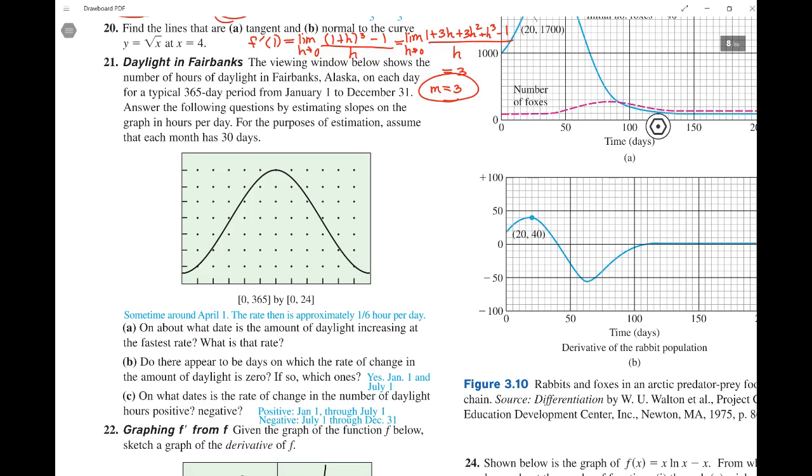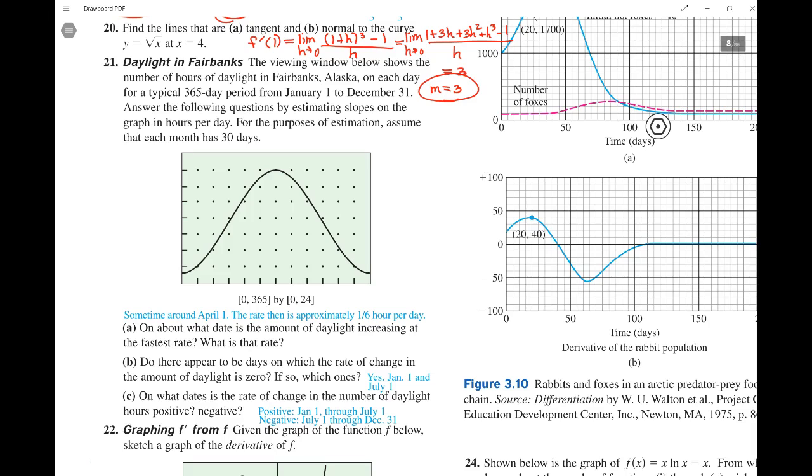Each of those little spaces is a month. They came up with 16 hours per day. Again, this is an approximation, so if you came up with something a little different, that's fine.